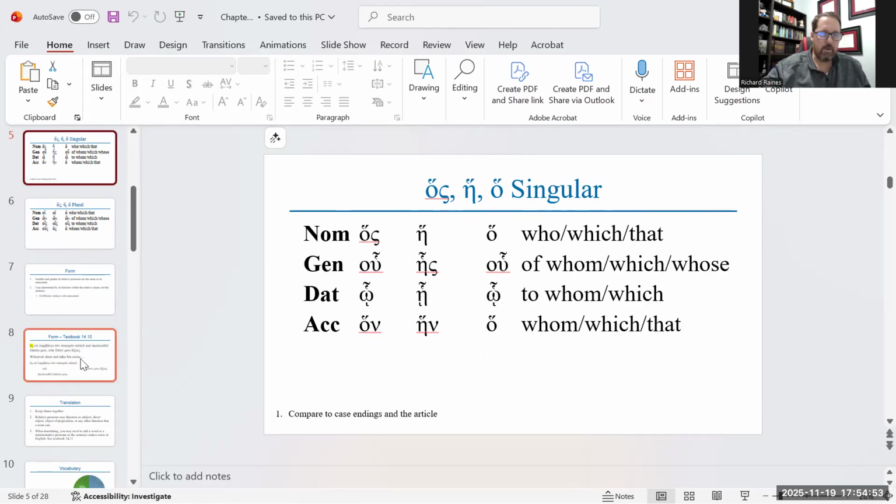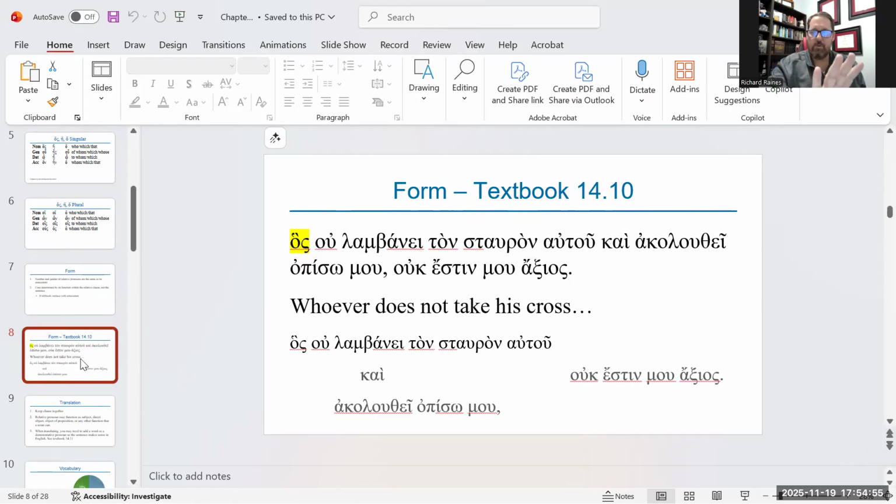But the reason you wouldn't do it is because you're not referring to a thing, you're referring to a human. So just keep that in mind. When you're translating, make sure that you're translating it based on what the sentence is referring to. So in this case, whoever does not take up his cross, so on and so forth. I hope that makes sense.